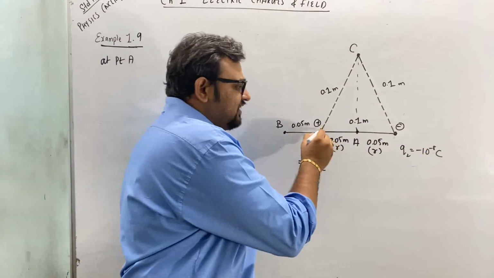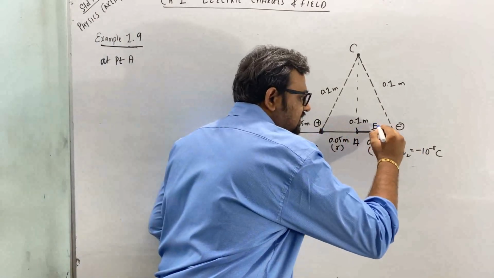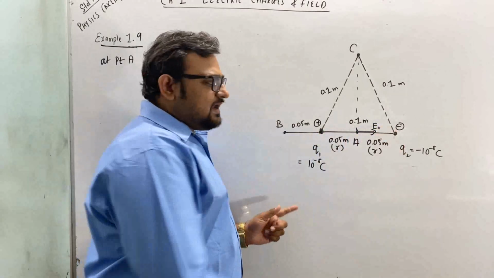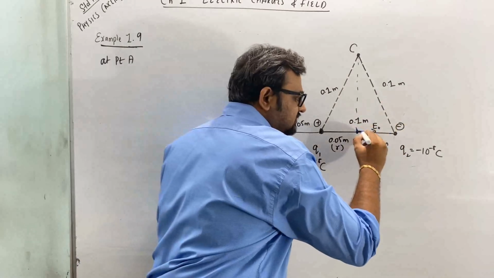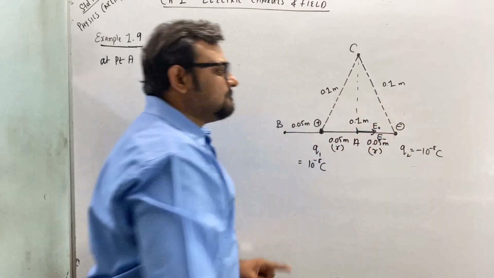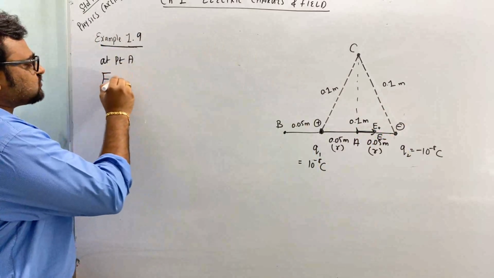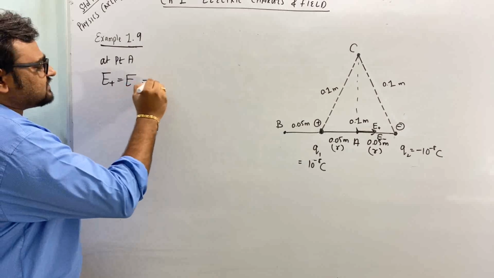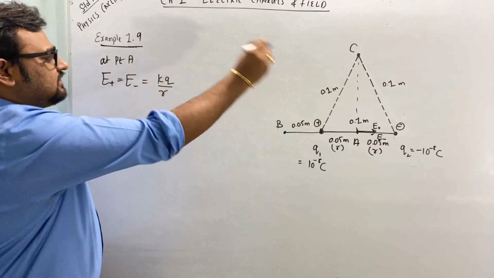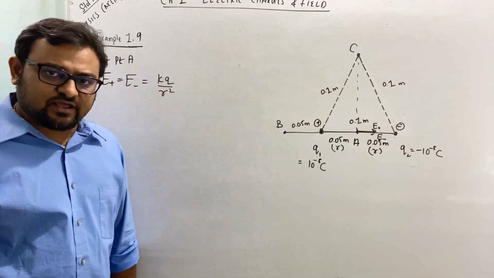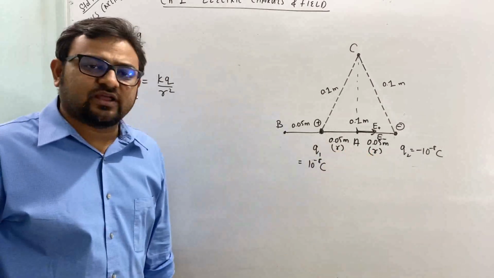So the electric field due to the positive charge will be away, E plus, and due to the negative charge it will be towards, E minus. Clear? Magnitude wise, E plus will be equal to E minus, and that will be equal to kq by r square, because this distance is the same, 0.05 meter.